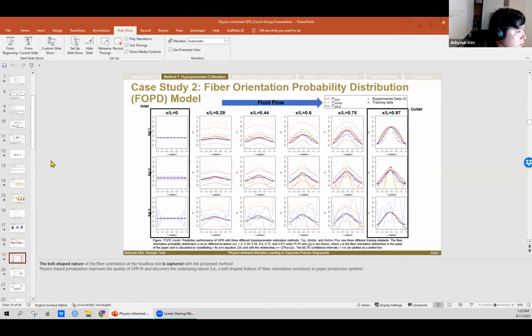The source of uncertainty, for the hyperparameter estimation penalization, I only use the physics-based penalization for the hyperparameter estimation, and with the best hyperparameter that we found, I use the standard GPR covariance function to calculate the uncertainty. Okay.